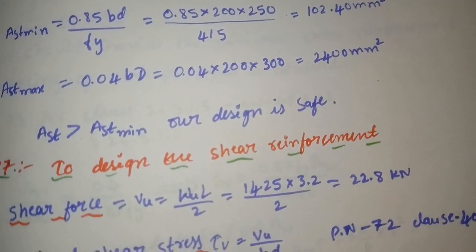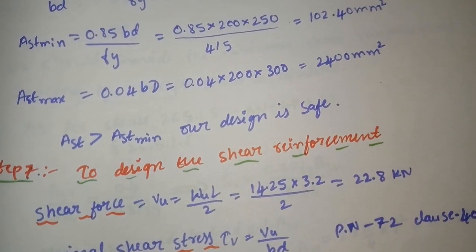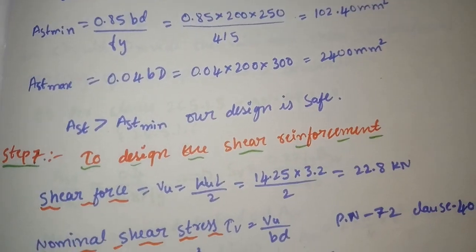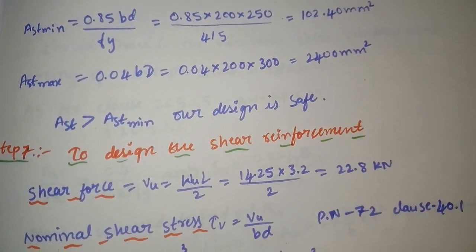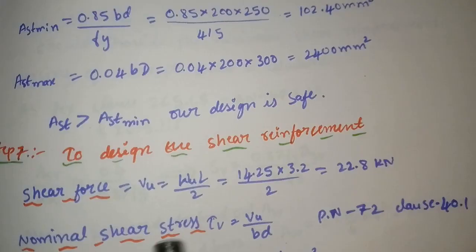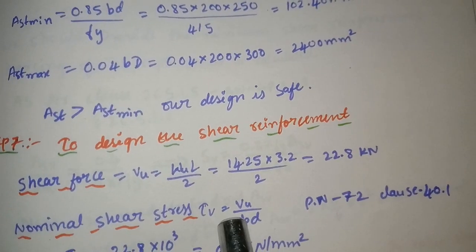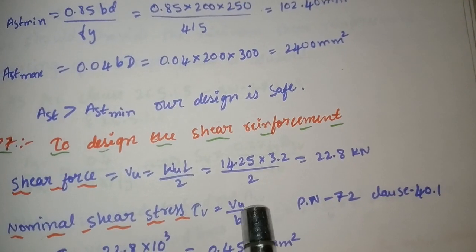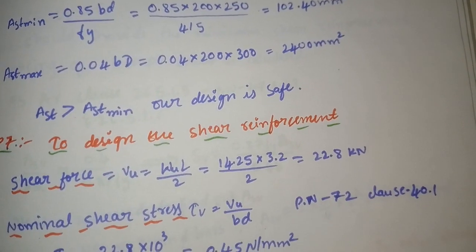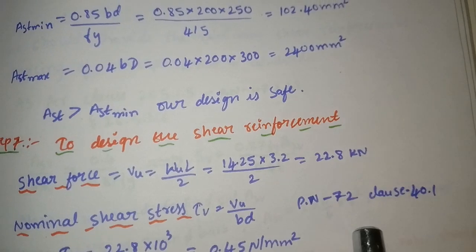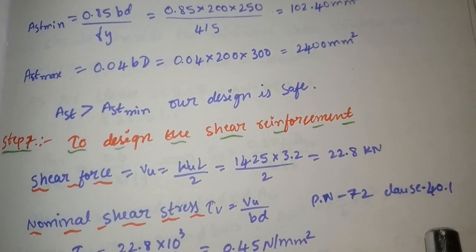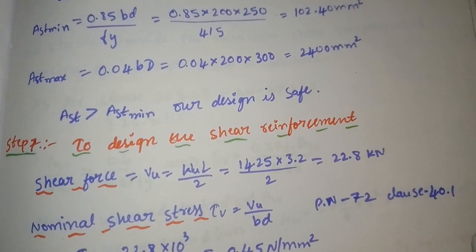The next step is calculation of the nominal shear stress. For that we have the formula tau v, equal to VU divided by B into D. This formula is given on page number 72, clause 40.1 of IS 456.